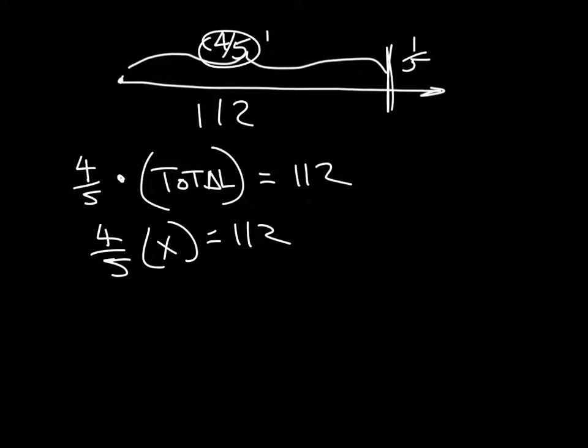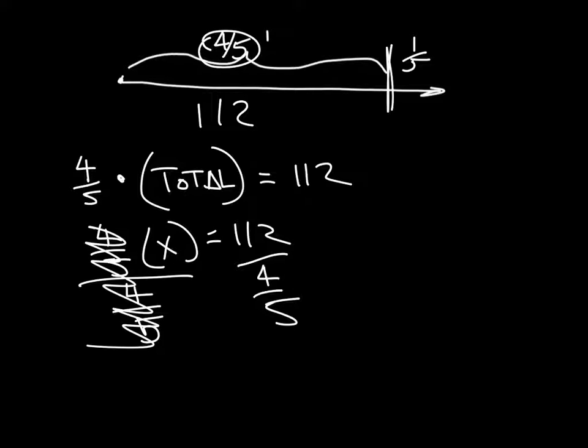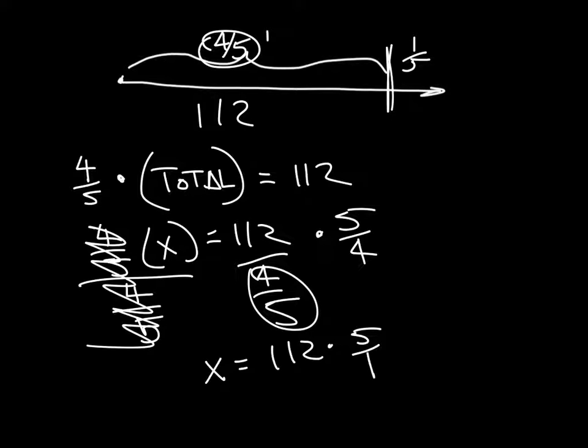And if I divide both sides by 4/5, 4/5 over 4/5, and then I take this, turn it upside down and multiply, I will get my x. If I take 112 times 5 divided by 4, I will get 140.